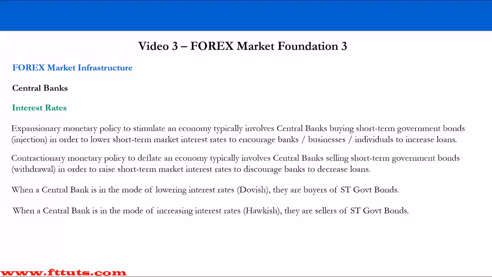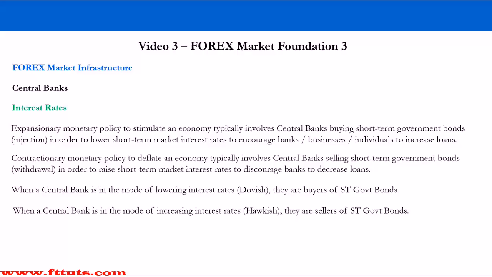And we stated how this differs from a classic stimulus and contraction or deflationary policy from a central bank. This is what we're talking about here, because central banks, when they want to lower or increase the interest rate, they don't do it by sitting in front of a computer and just announcing that the interest rate is going to be at this level and all the banks follow. They actually intervene in the interbank market and they target an interest rate that they want to get to.